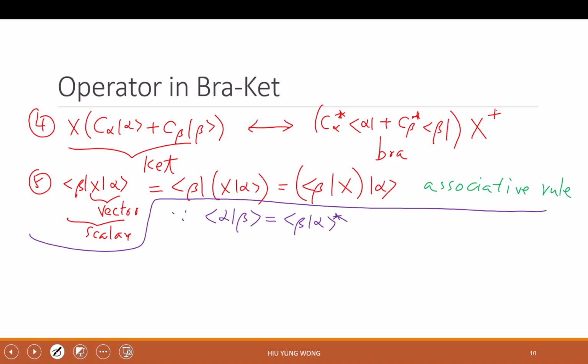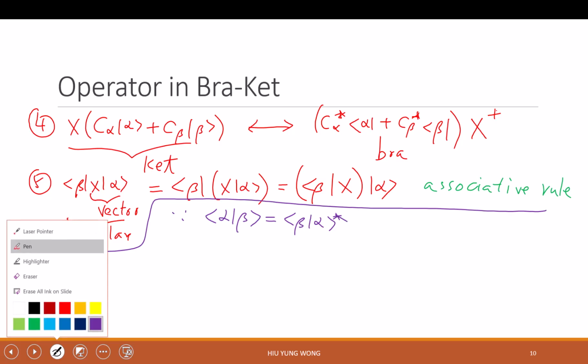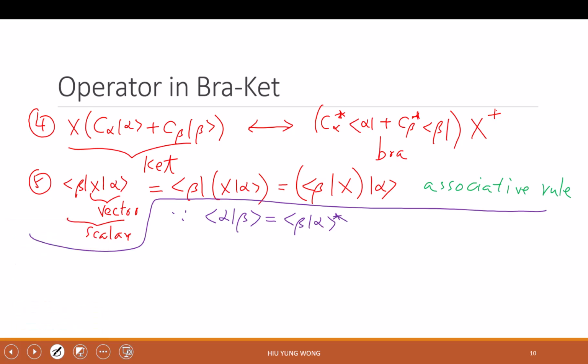Now what I'm going to do is, let me change the symbol. It will be better later. How about I call it x and y?